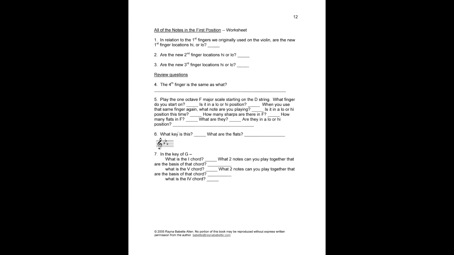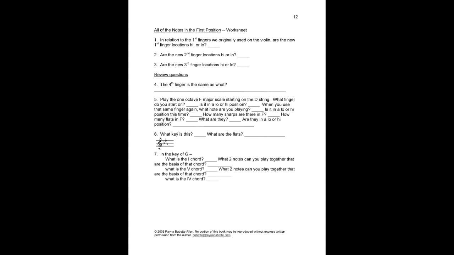It's in a low position. And when you use that same second finger again, what note did you play? You played a C. And was it in the low or high position this time? It was also in the low position.